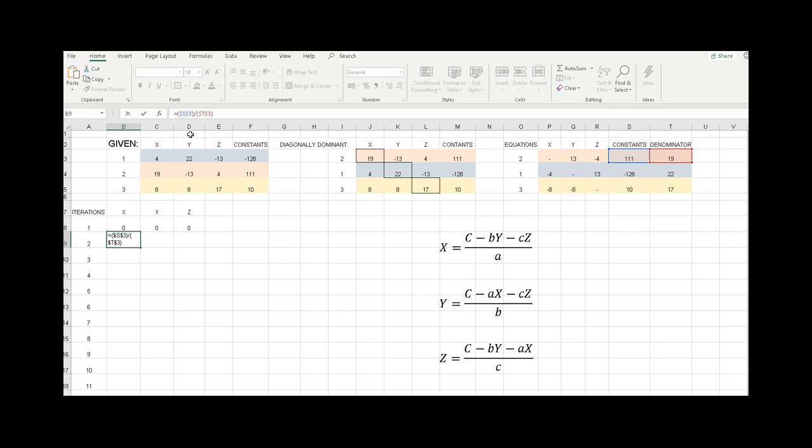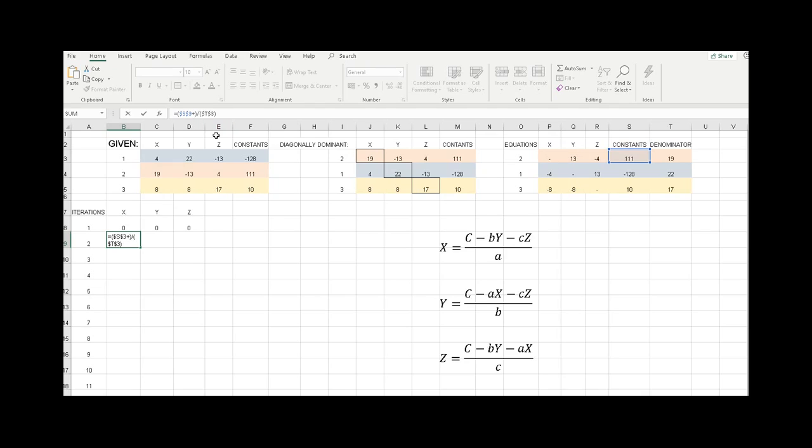Now, since we've already transposed the values right here, from negative 13, it became positive 13 here because of the negative sign of the y coefficient here. It became positive. So instead of using minus here in the formula, in the code, we use plus.